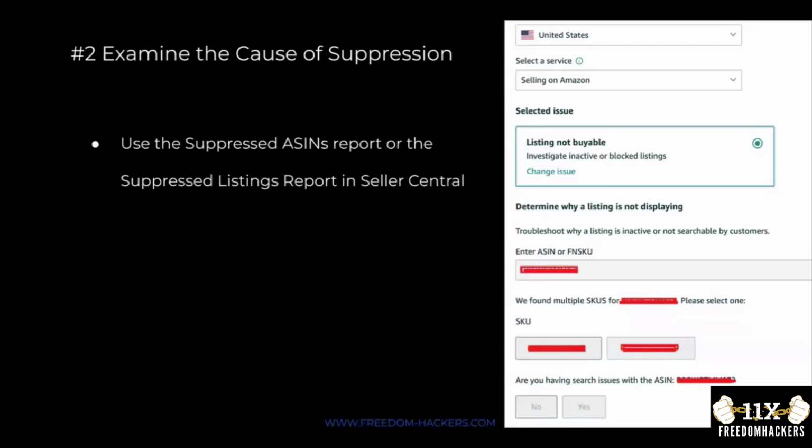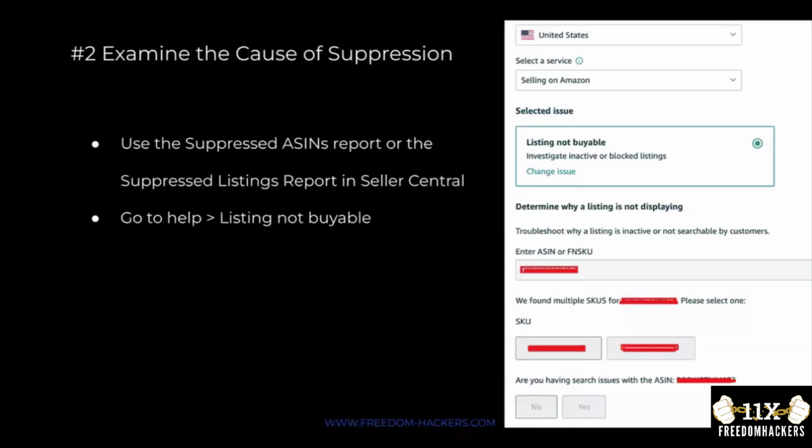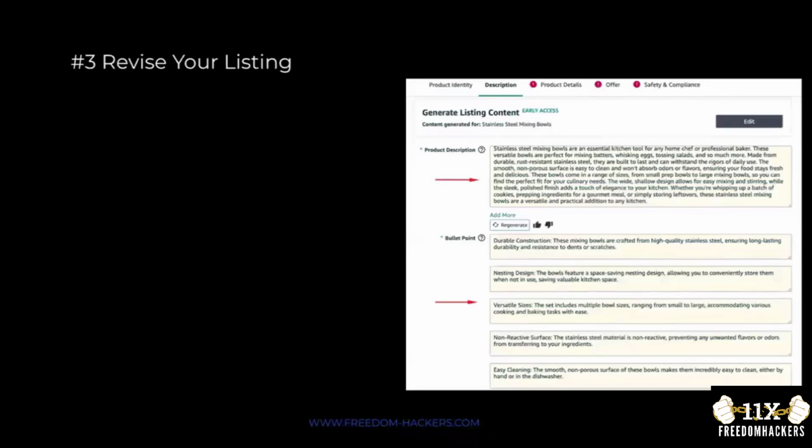So use the suppressed listings report in Seller Central by going to Help and Listing Not Viable. You basically just enter the ASIN code, the SKU code, and so on.